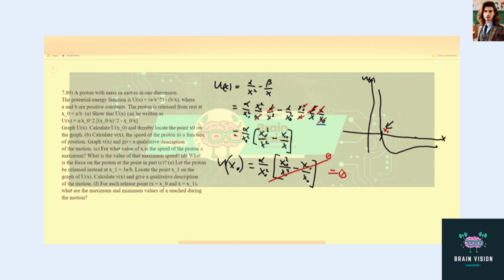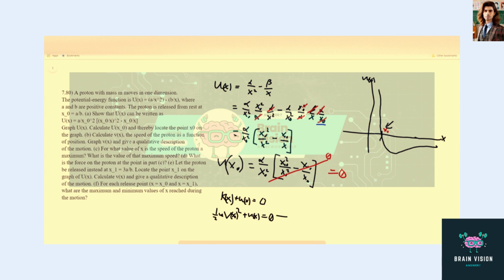So what I'm going to initially do is write down our conservation of energy formula. We have k of x, that's the kinetic energy, plus u of x. And at this point here, we've determined that since it's released from rest and the potential energy is 0 there, that's where the intercept is, that's equal to 0. We can substitute in what k of x is equal to in terms of v of x: 1/2 m v of x squared plus u of x is equal to 0.